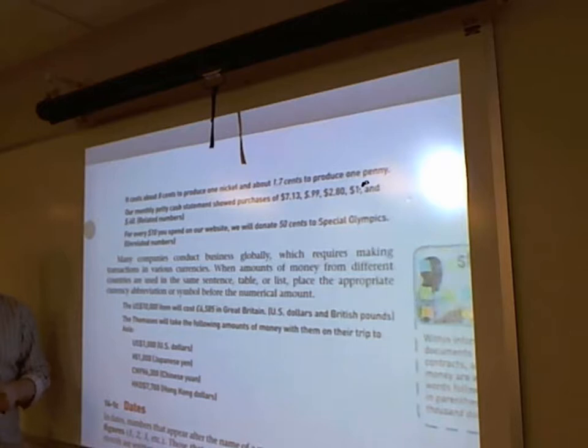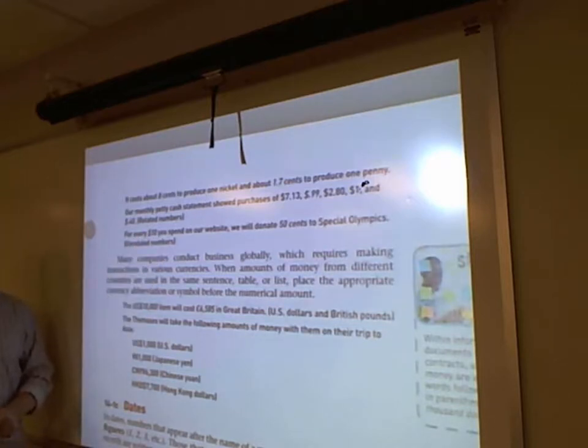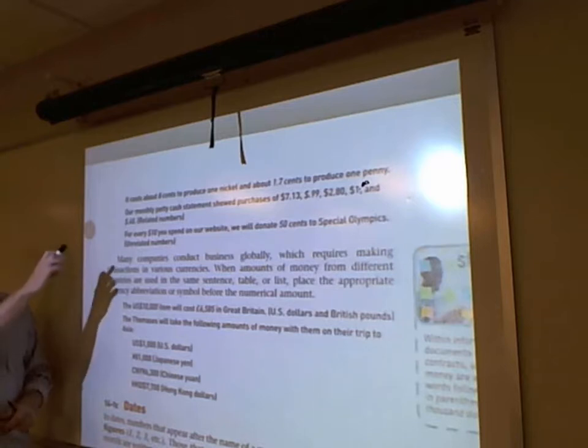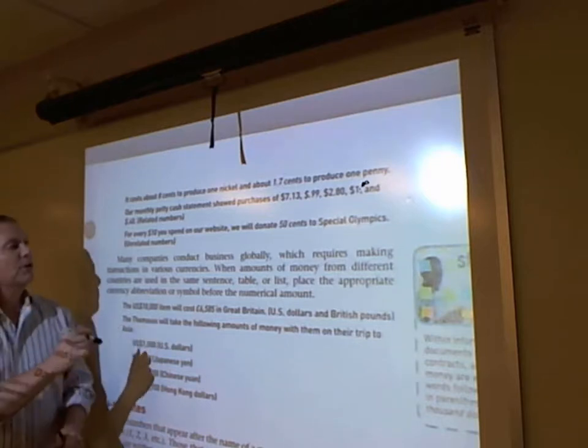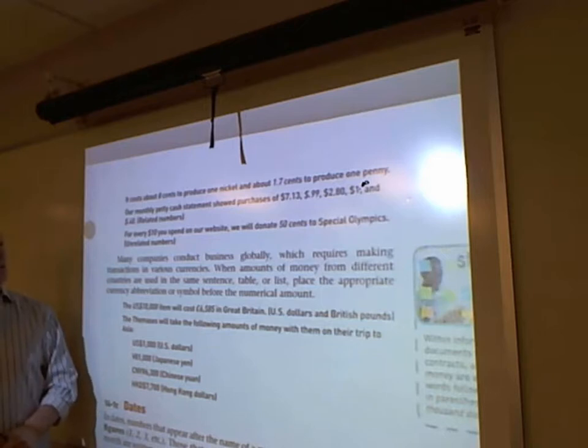And then for every $10 with no period and decimal point, since you don't have any others in that same category, they're unrelated to the other numbers there, you can spend on our website. We will donate 50 cents to Special Olympics, and that kind of keeps it in a business sense by doing it that way.